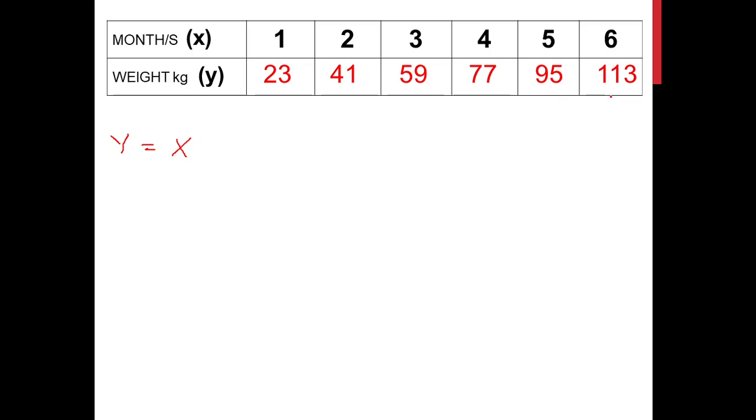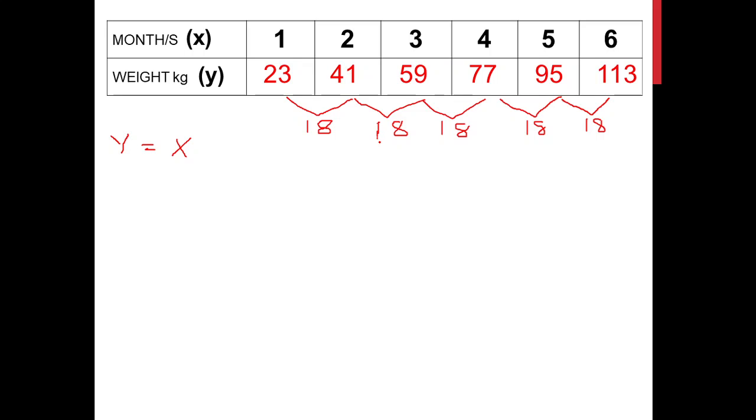So let's start here. 113 minus 95, that is 18. 95 minus 77, that is 18. 77 minus 59, that is also 18. 59 minus 41, that is also 18. 41 minus 23, that is also 18.